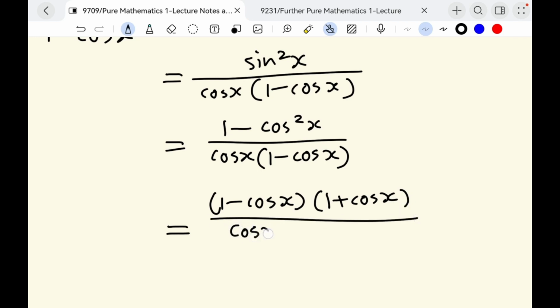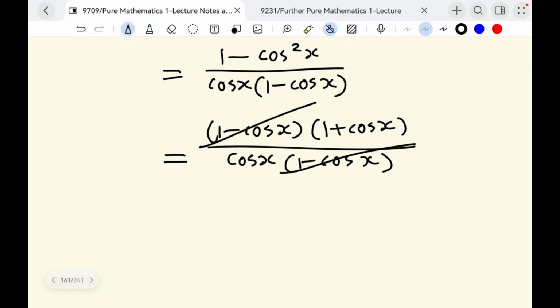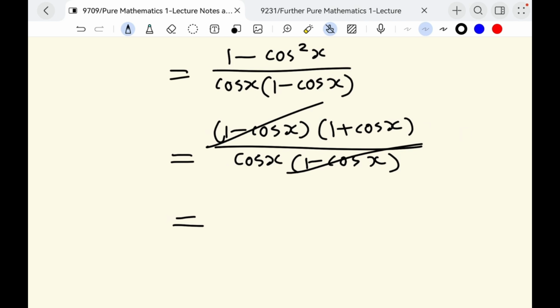This is how you prove it. Then cancel out the common factor of 1 minus cos x in both numerator and denominator. Now you have 1 plus cos x divided by cos x left.